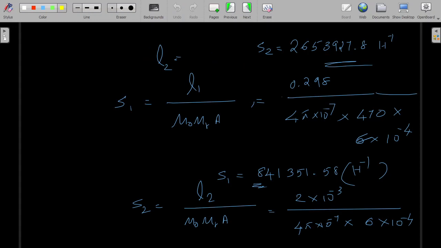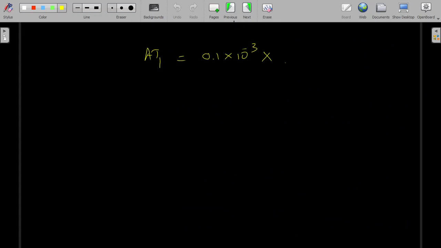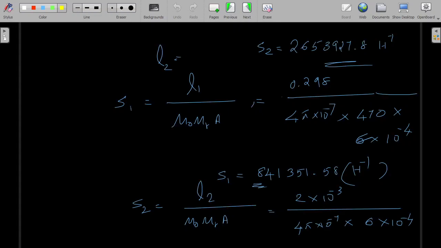S1 is this much. So here we have 10 power minus 4 actually. So 10 power minus 4 into this number, you will get 84.13.